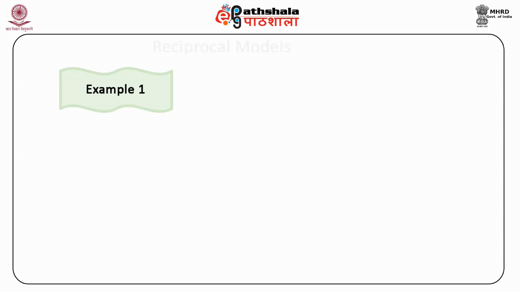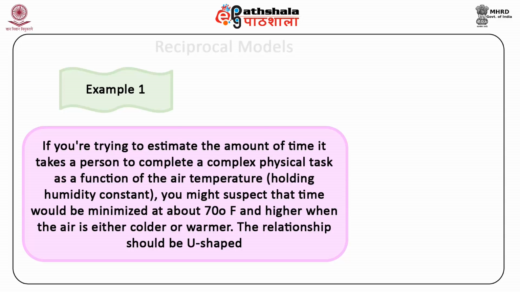Example 1. If you are trying to estimate the amount of time it takes a person to complete a complex physical task as a function of the air temperature, holding humidity constant, you might suspect that time would be minimized at about 70 degrees Fahrenheit and higher when the air is either colder or warmer. The relation should be a U-shaped one.